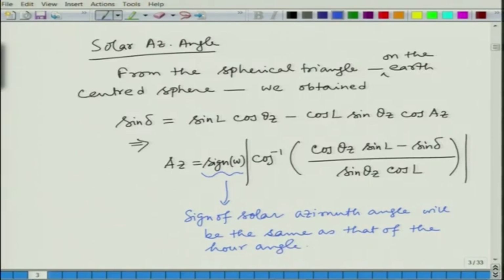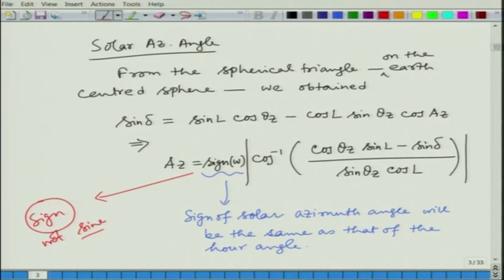Okay. So, here a word of caution, please remember this is sign, okay, not the trigonometric sine, okay, not SINE, but SIGN. So, this means the sign of the hour angle. Okay. So, this please remember and do not get confused.